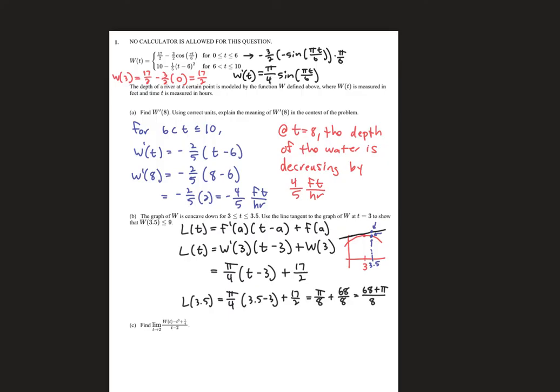Okay, so now think about this. They say use a line tangent to show that the actual value of the function is less than 9, right? W of 3.5 is the actual value, and they want us to show that it's less than 9. So think about this. This here is less than 9. Our linearization, which is this value up here, is less than 9.